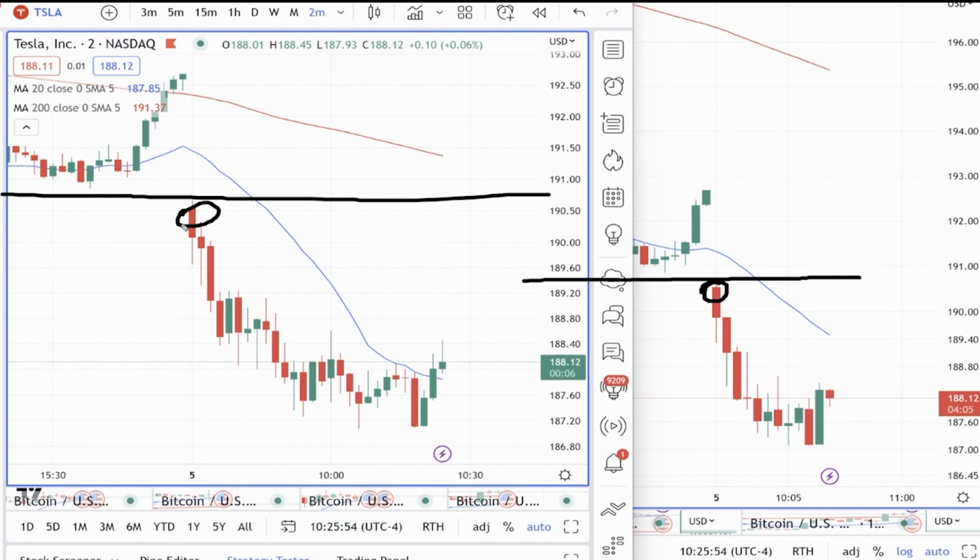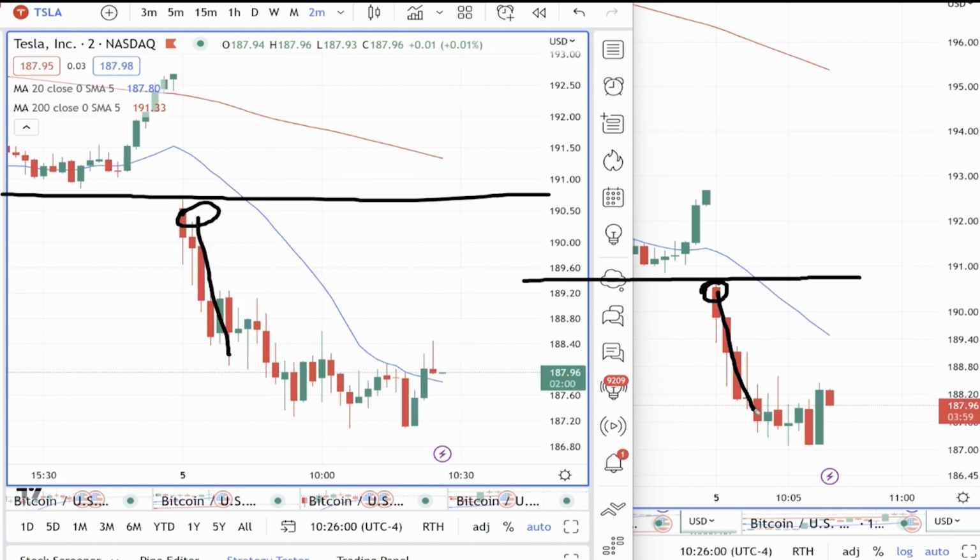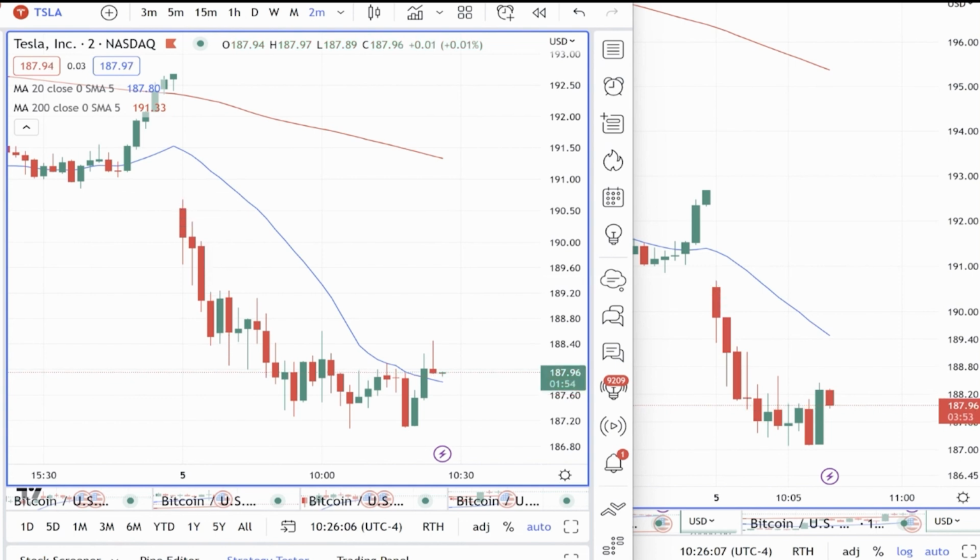Dual areas of resistance. The reliability is so much higher. Beautiful. You got the second leg there, Andrew? Nice. Okay, cool. Powerful, powerful, powerful.